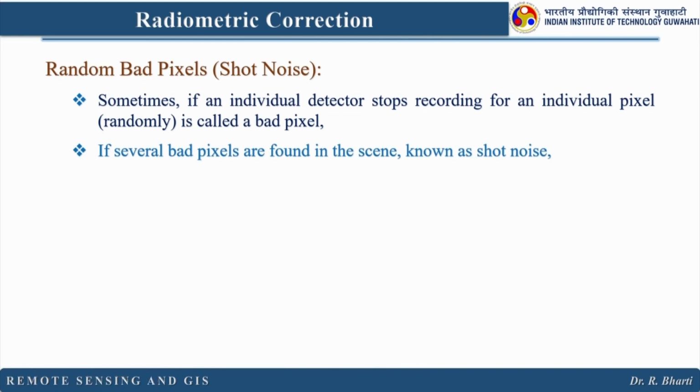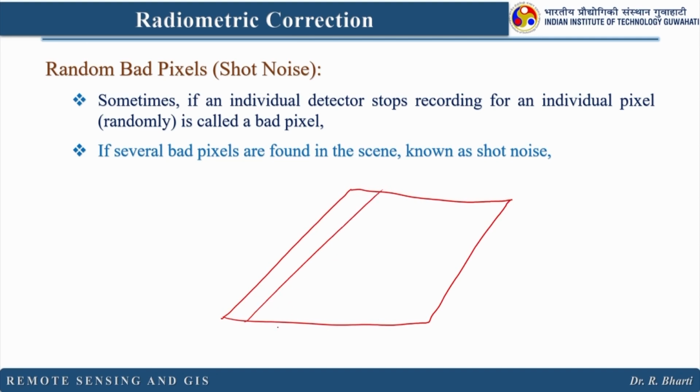If several bad pixels are found in a scene, that is known as shot noise. So suppose this is your image and all the values have been recorded, right.